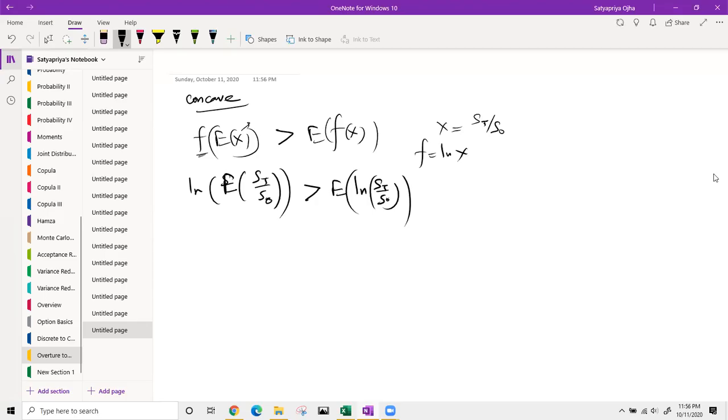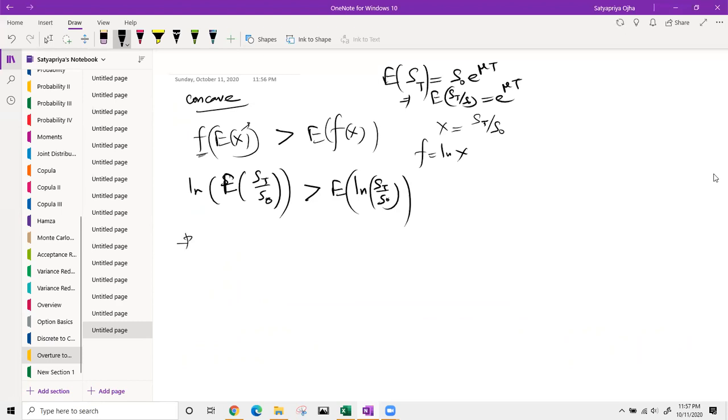Now you see the problem. I wanted St by S0 to be, on an average, e to the power mu t.